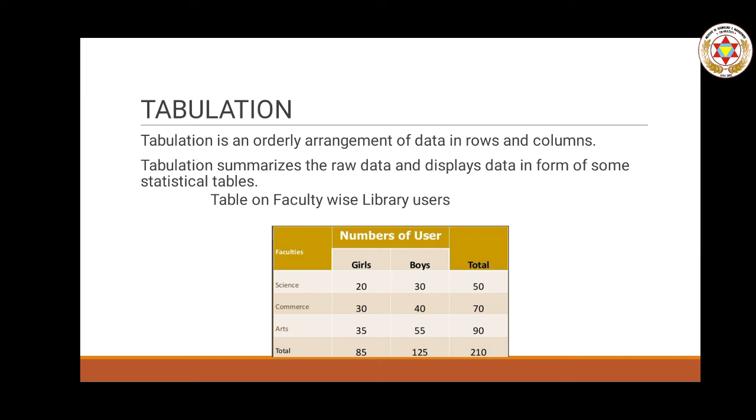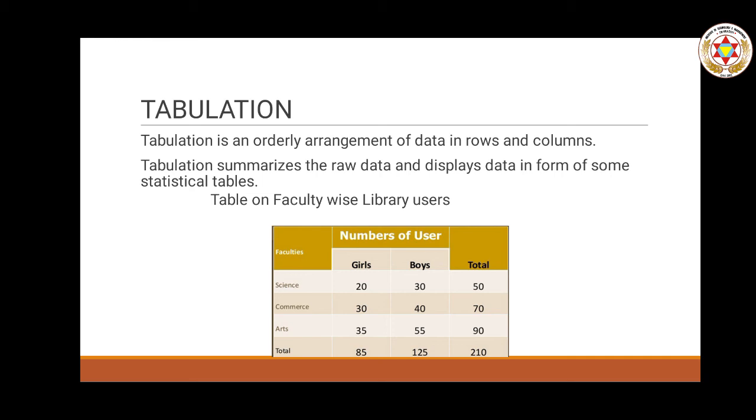Tabulation is necessary because it facilitates the process of comparison, it reduces the data, it facilitates the summation of items, and we can easily detect errors or omissions. And of course, this table provides the basis for statistical computations.